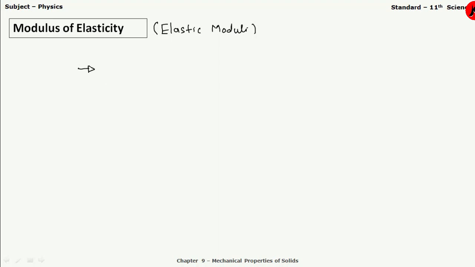What do you mean by modulus of elasticity?